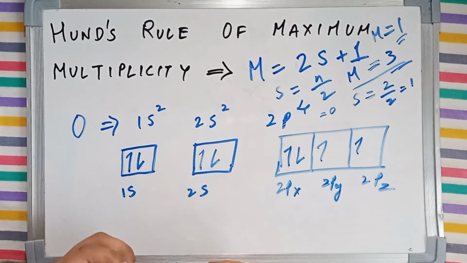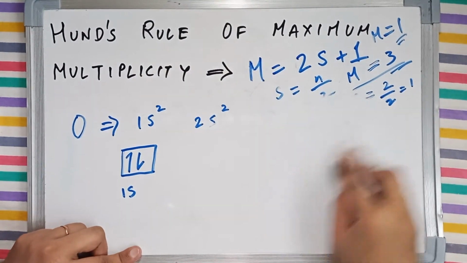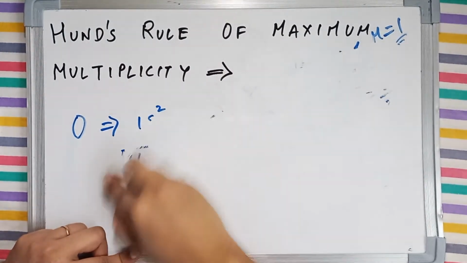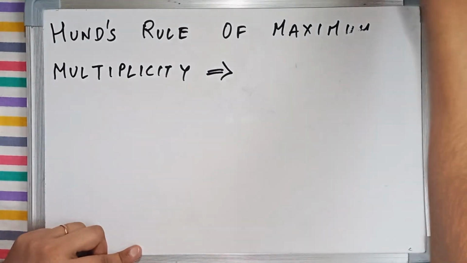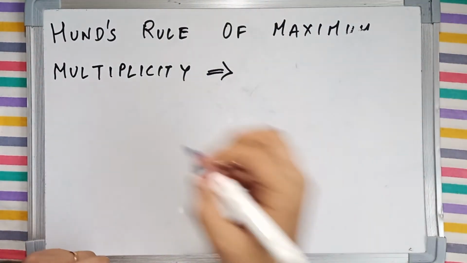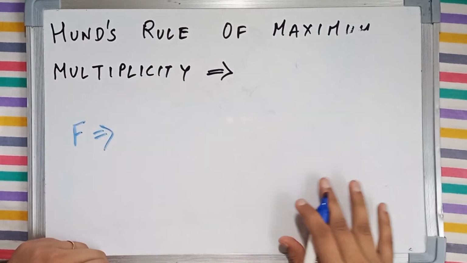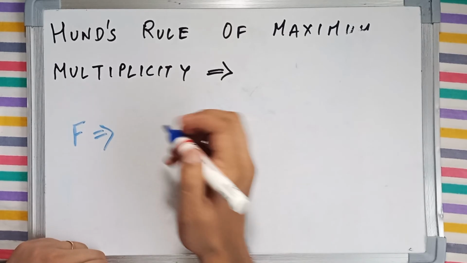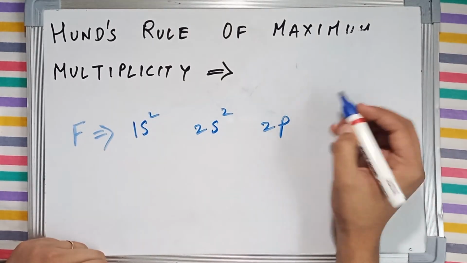Also, just for practice, we can fill orbitals of different elements. For example, let's suppose the case of fluorine. What is the electronic configuration of fluorine? It is 1s2, 2s2, 2p5.